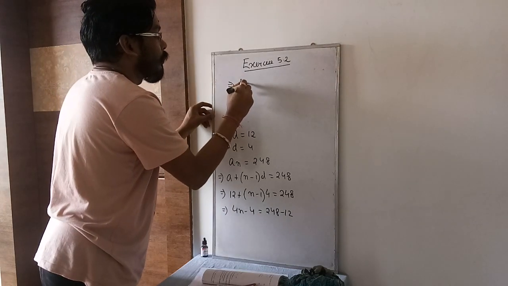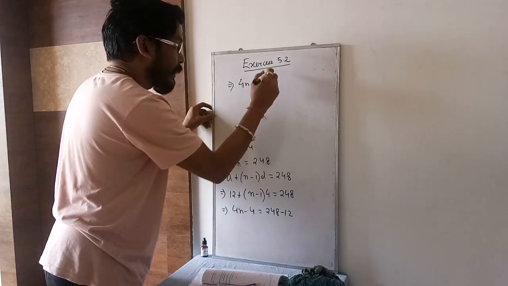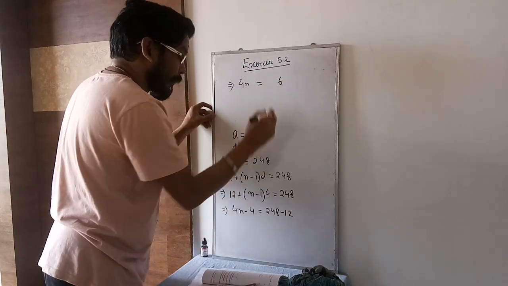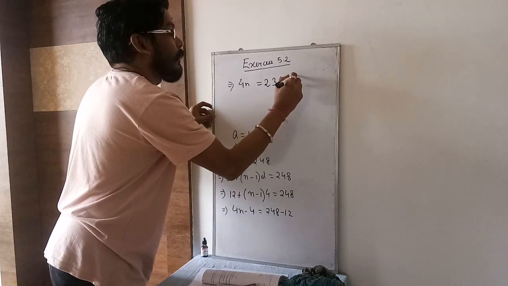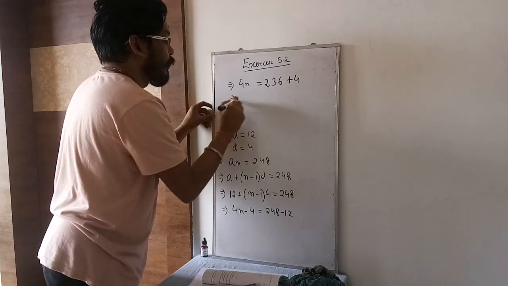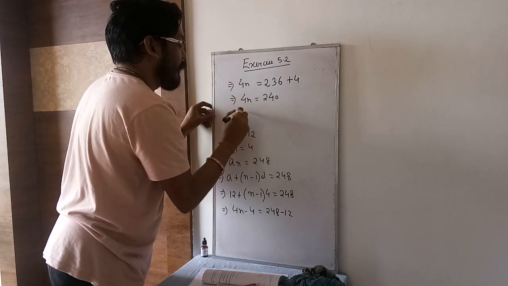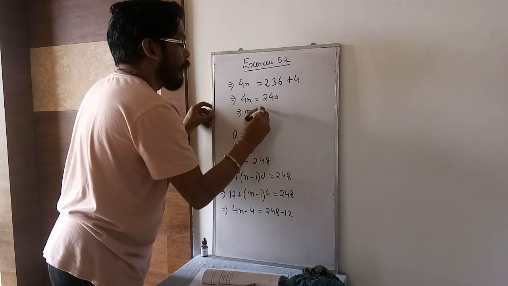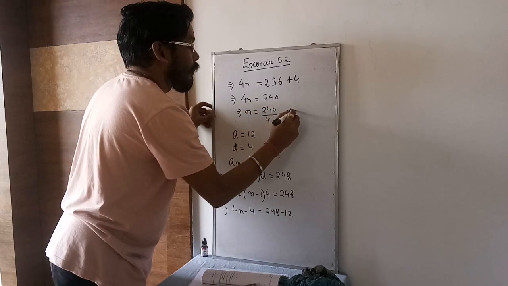So it is 4n equal to 248 minus 12, which is 236. Minus 4 will go, this will become plus 4. So you got 4n equal to 240. So n equal to 240 by 4. So it is 60.